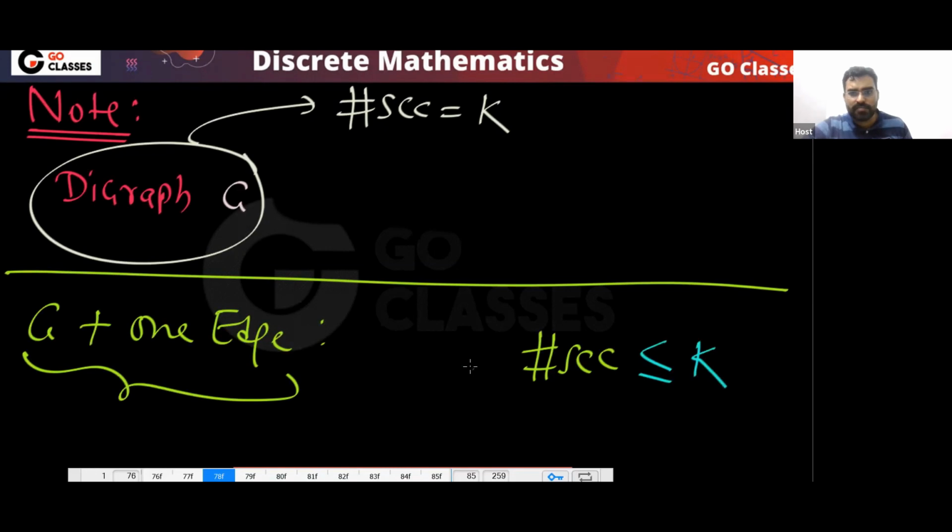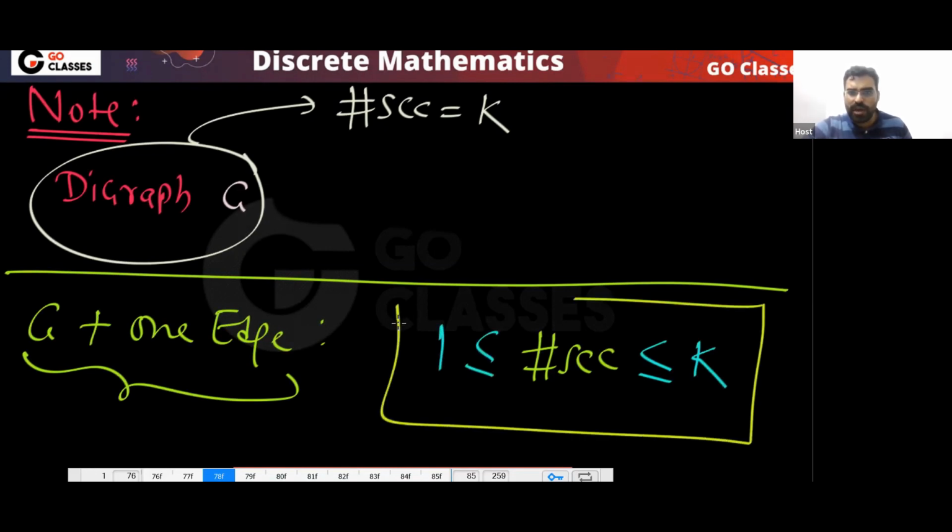They cannot increase, but they can decrease. They can never increase if you add one edge, but they can decrease, even to 1.